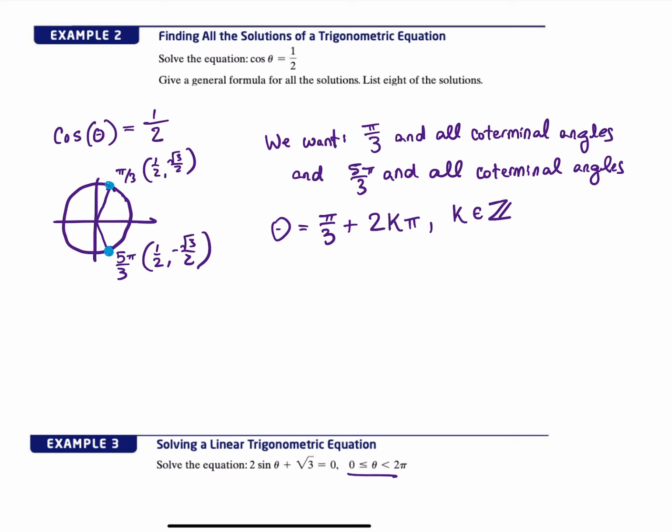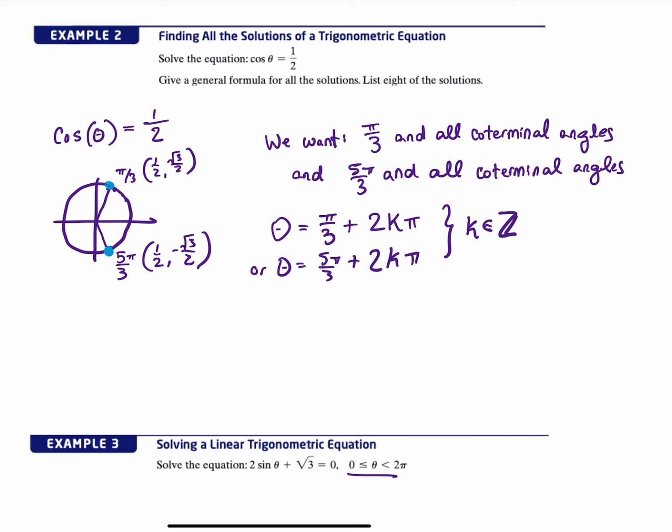And we want to capture the same idea for 5 pi over 3. So I can say or theta equals 5 pi over 3 plus 2k pi. Let me just say this statement is true for both of these, where k is an element of the set of all integers. We could use any other letter for k. n is a common one.